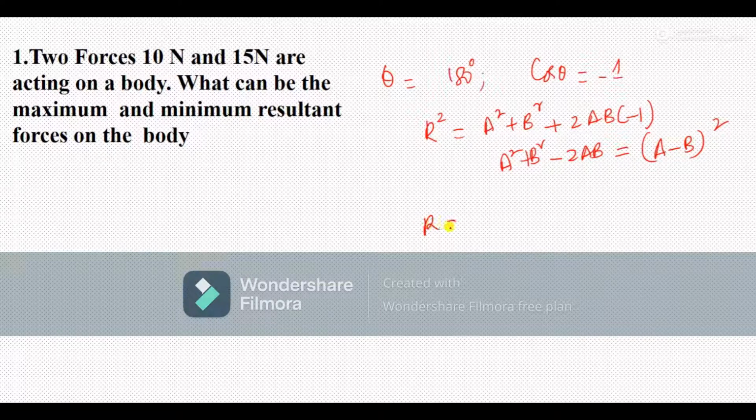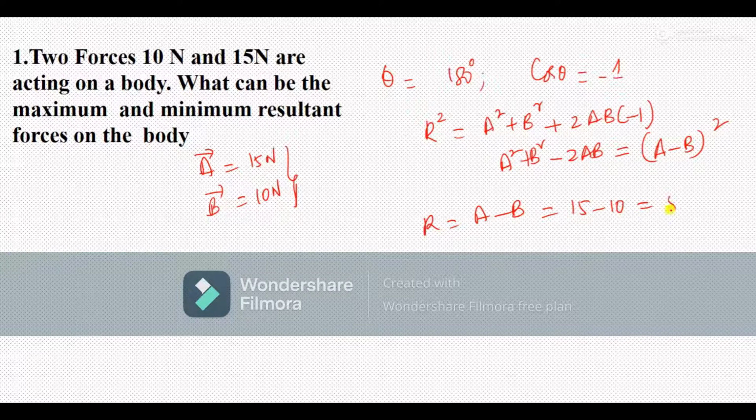So R is equal to A minus B. As you know, vector A is 15 newtons and vector B is 10 newtons. So we substitute these values here, that is 15 minus 10, it is 5 newtons. So we got R maximum is equal to A plus B and R minimum is equal to A minus B, that is 25 newtons and 5 newtons.